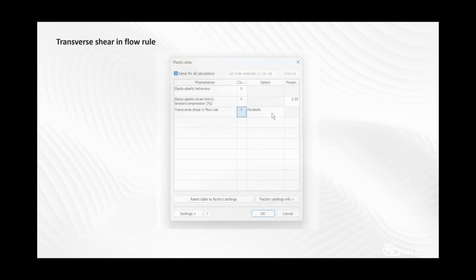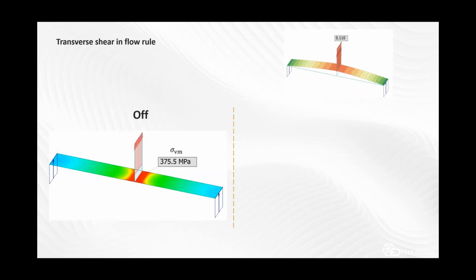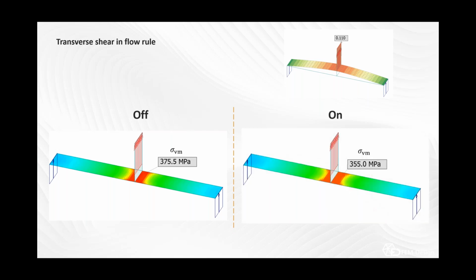Basically, this is a plate with a big thickness, and when we have this option turned off, we see that we get a sigma von Mises of 375, but the limit value is 355. As soon as we turn it on, it no longer goes beyond the value of 355, and instead it yields.